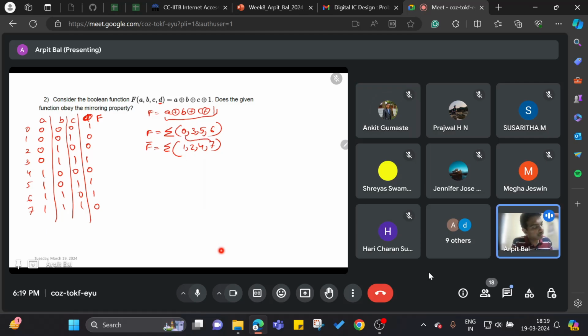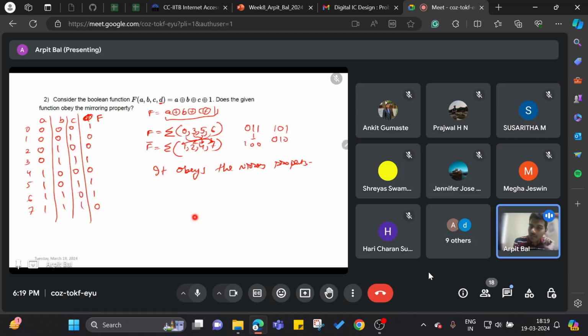so 0 will be mapped to 7, 3 maps to 4, then 5 maps to 2, and 6 maps to 1. Because of this it obeys the mirroring property.